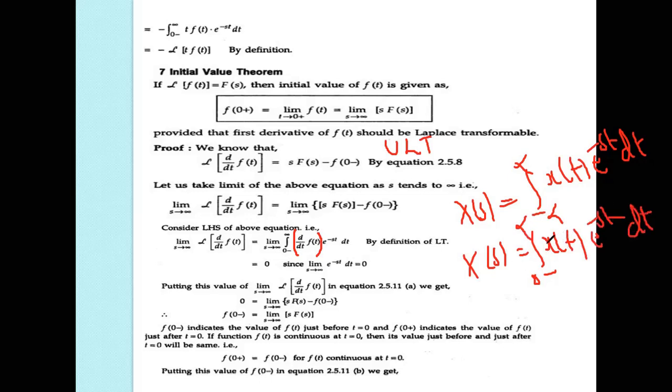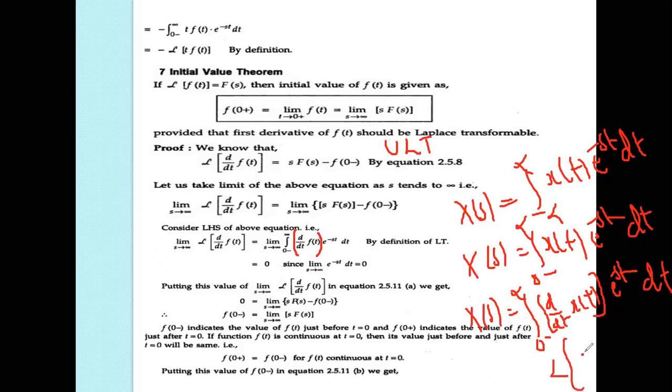I need the Laplace transformation of the derivative of the signal. So X of s is equal to integral 0 minus to infinity d by dt of x of t, e power minus st dt. So this is nothing but the Laplace transformation of d by dt of x of t only.